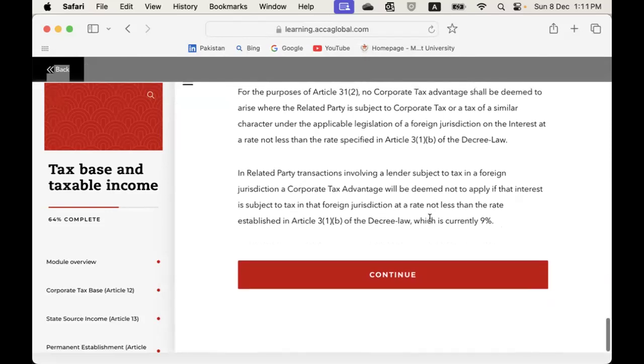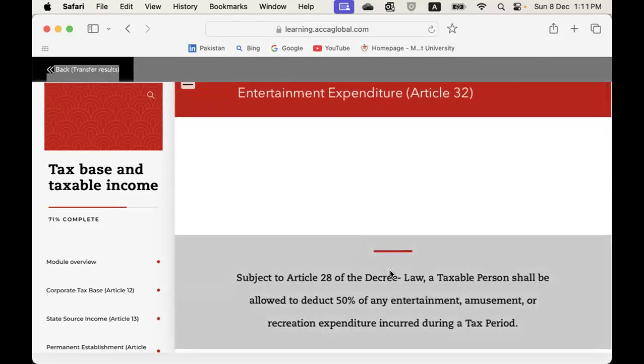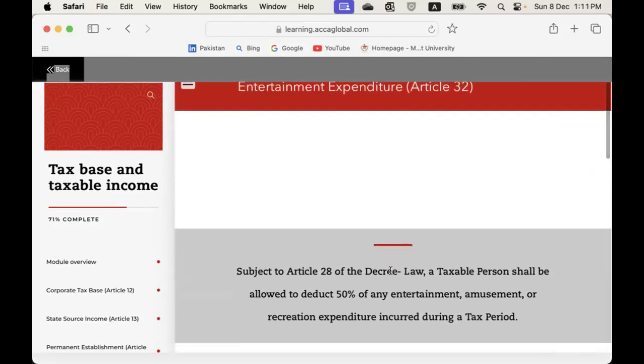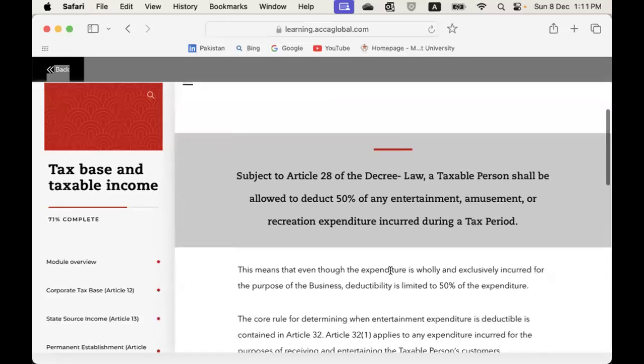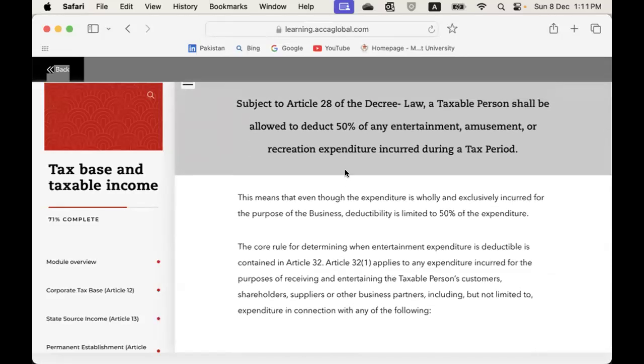So, this was quite a lot of discussion on interest deduction limitations. Moving to a relatively simpler, much easier area, entertainment expenditure, which is Article 32. I can summarize it quickly: there are two types of entertainment expenditure that a company incurs. One is for the staff, and then there is for everyone else.